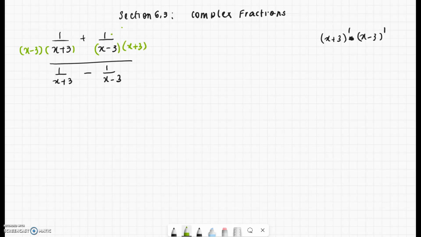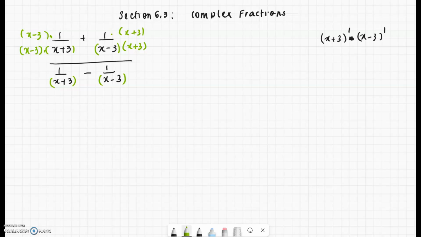So what's missing here is an x minus 3, and what's missing here is an x plus 3. So we multiply the numerator and denominator with an x plus 3 in this case, and in the first part we go x minus 3 times 1, and then we multiply the numerator and denominator with the exact same factor. Now same thing with the denominator.